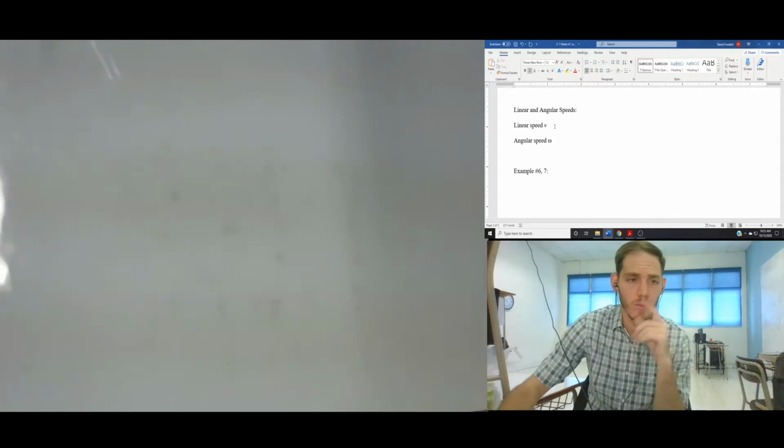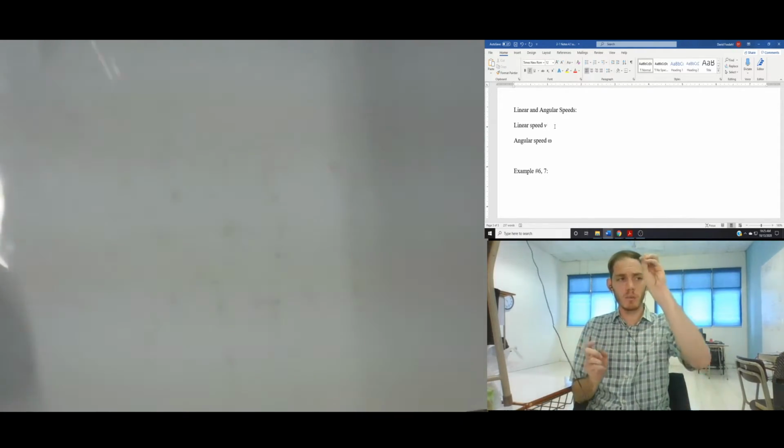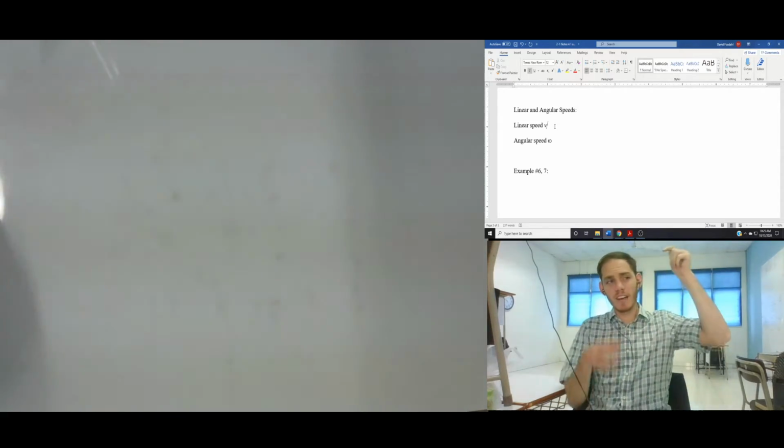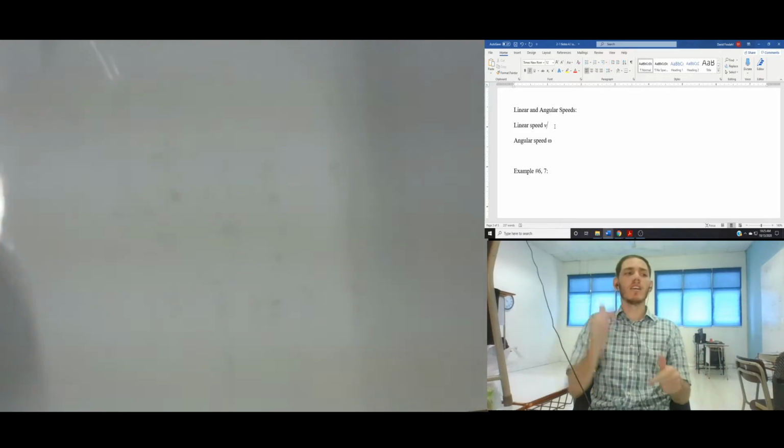Linear and angular speed. We're going to go through this a little bit quickly. So linear speed is going to be the speed along the wheel. Like if you have a wheel turning, right? So imagine you're a point on a wheel and you're spinning around really fast. Think of it as like a nail within a tire, okay? And it's spinning around really fast.